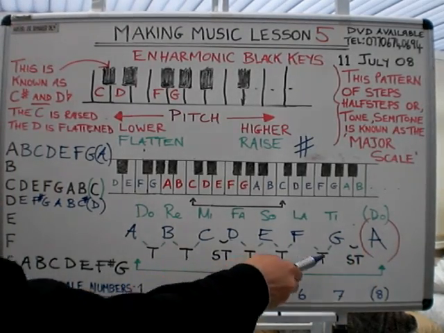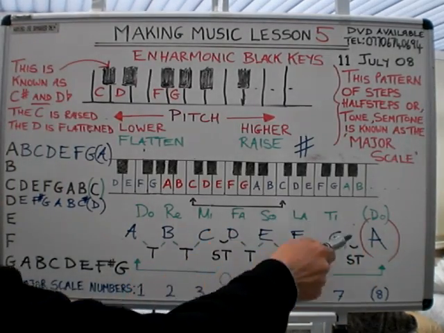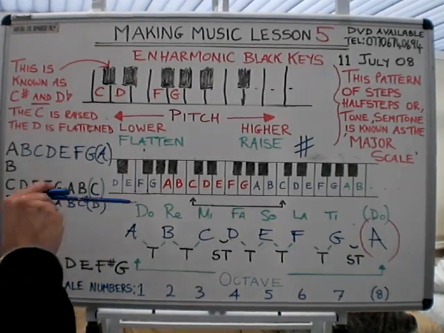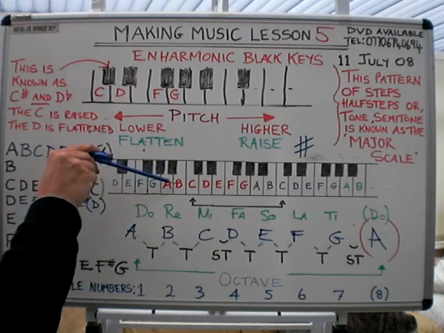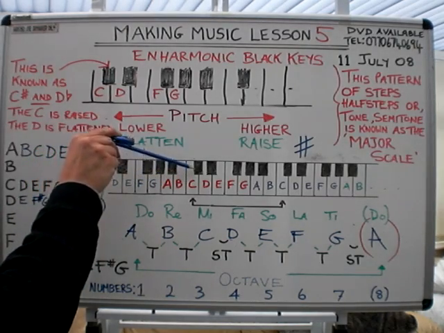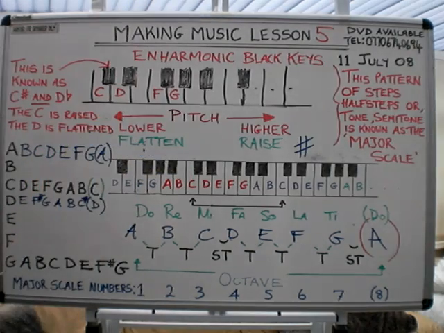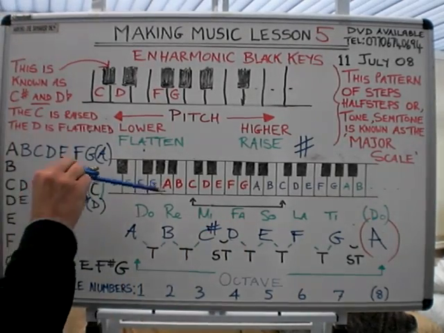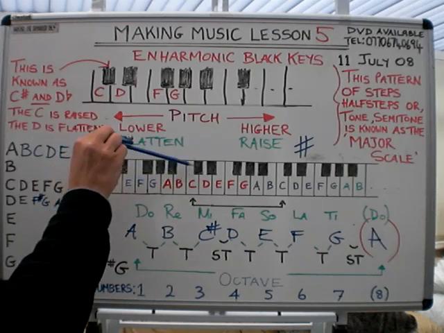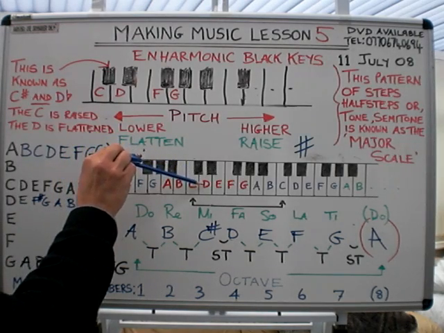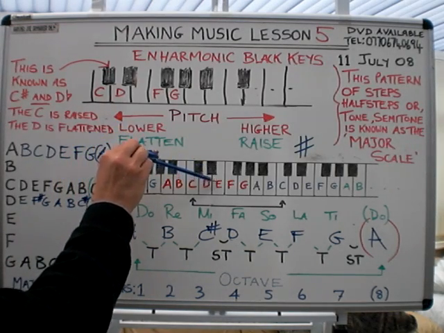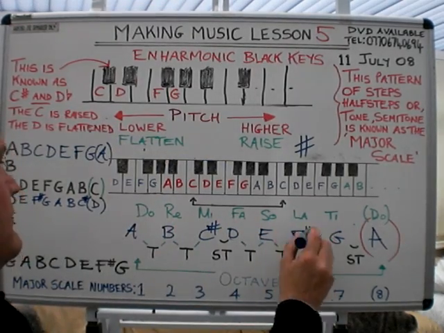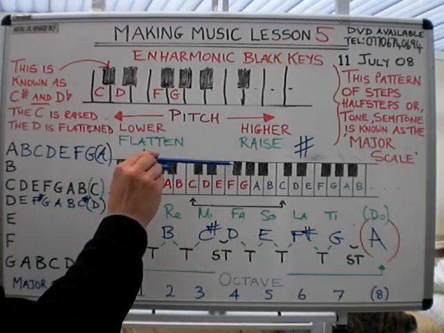Tone, tone, semitone, tone, tone, tone, semitone. So let's start on an A and see where we end up. Start: tone, tone. So all the C's are sharpened. Start again. Tone, tone, semitone, tone, tone, tone.